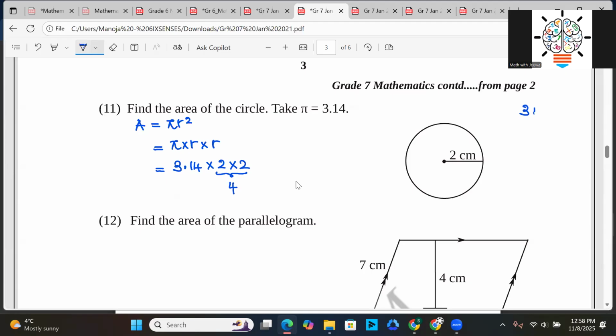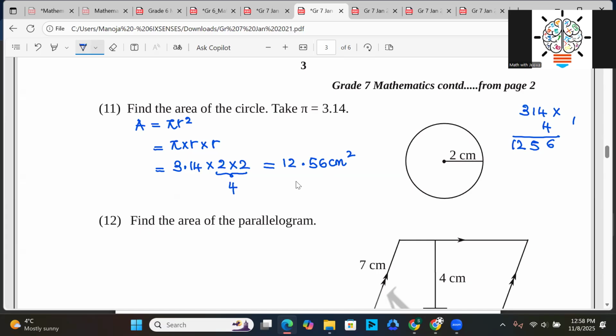And what I do, 314, I multiply by 4. 4 times 4, 16. 4 times 1, 4, plus 1, 5. 4 times 3, 12. You want to keep 2 decimal places here. So I write 12.56 centimeters squared.